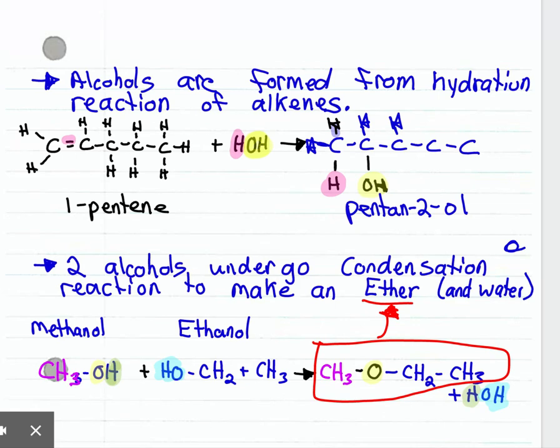Okay, so if we have a methanol, which we see right here, and an ethanol, which we see right here, they undergo condensation. So condensation means that it releases water and bonds those 2 carbon chains together to make this structure, which is called an ether.